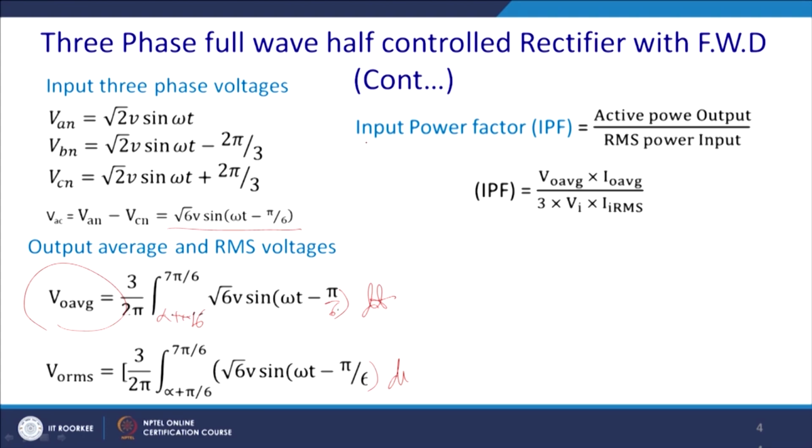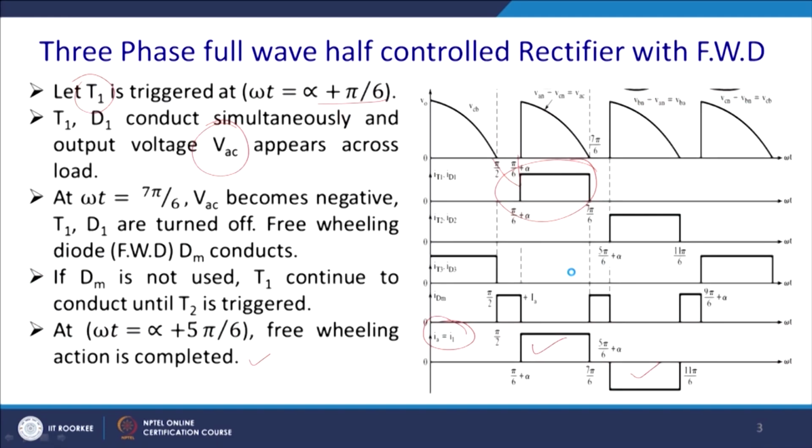Thus the input power factor is an important quantity, and this important quantity is the active power divided by the RMS input power. Once you have a negative portion of it, the active power essentially will be a subtraction. So, if you have this portion without the free wheel, then what will happen?